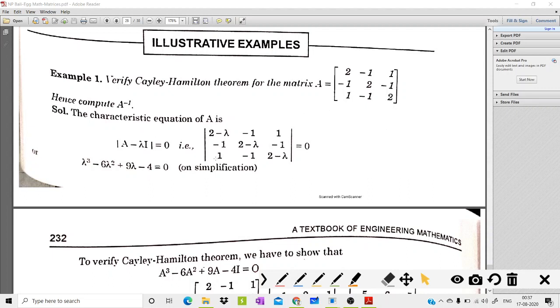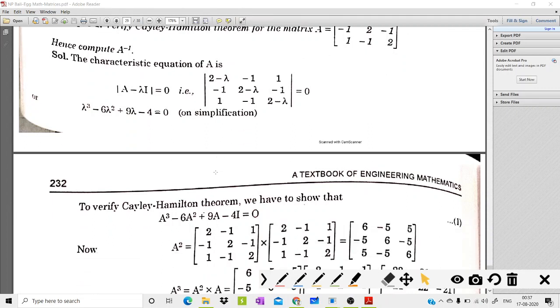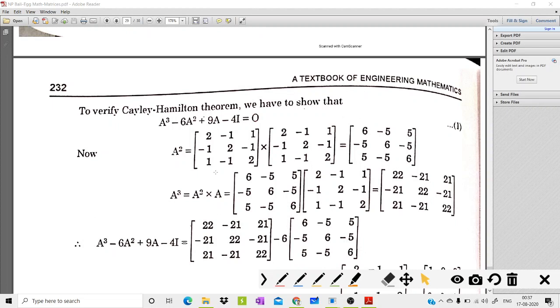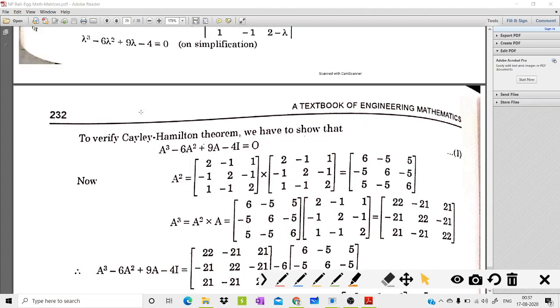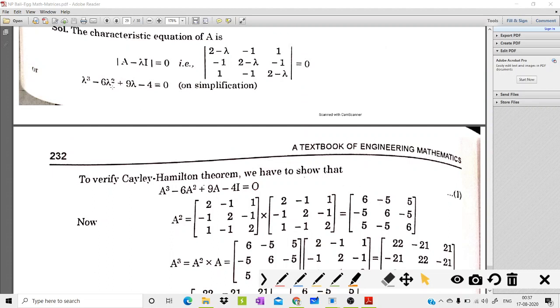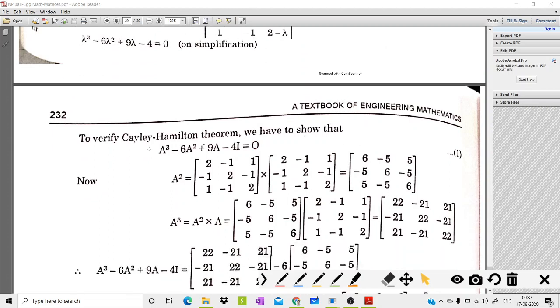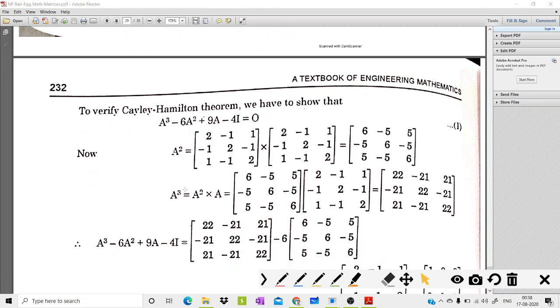These are the illustrative examples. In this problem, they consider a 3 by 3 matrix, and they have written the characteristic equation. It's a polynomial in lambda of degree 3. Then by Cayley-Hamilton theorem, we can replace this characteristic equation by the corresponding matrix. In order to get the inverse, you need to multiply this equation with A inverse.